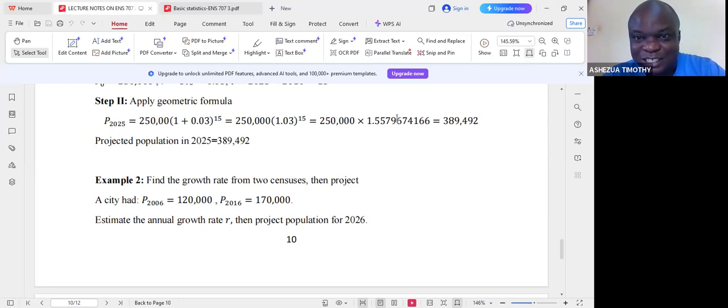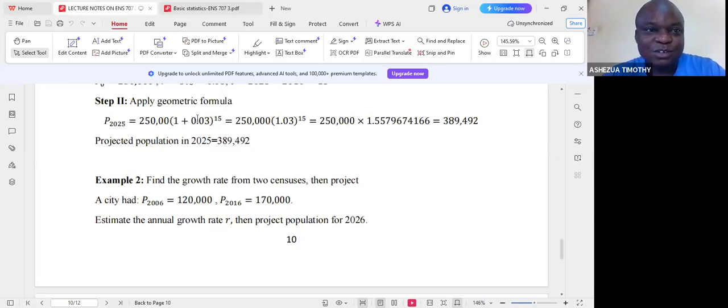So if you truncate here, we will not have the same result. So the projected population in 2025 is 389,492.